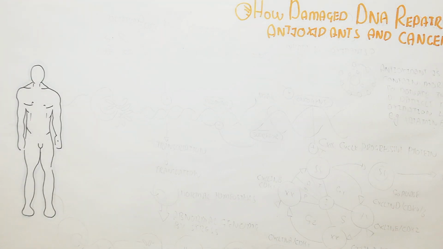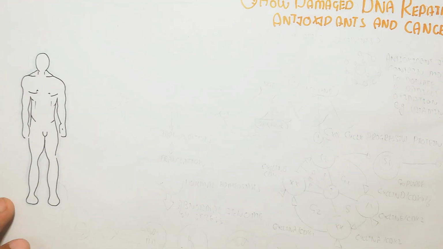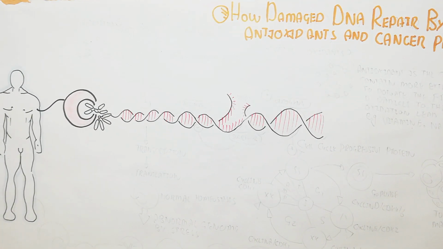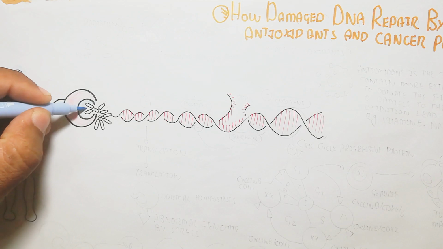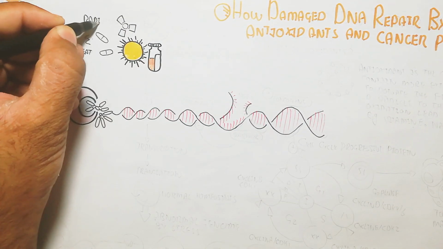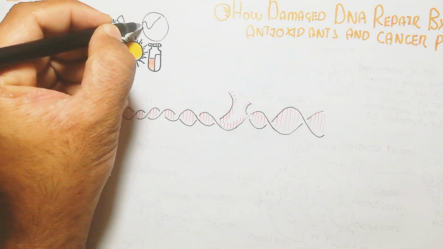So, easy to understand. Here is a person, which contains cells. Each cell contains a nucleus, and the nucleus contains chromosomes. Chromosomes are made up of 60% histone protein and 40% DNA.